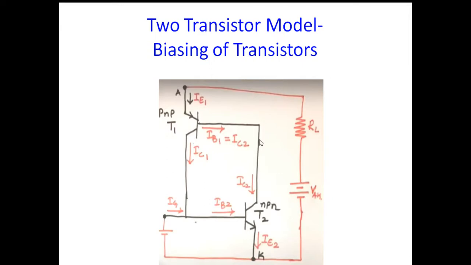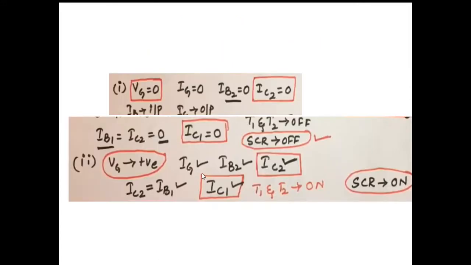That means once the device is in forward bias condition and we are applying a gate voltage, because of this gate voltage, the base terminal of transistor 2 will be activated with IB2 current as IG current flows through the device. With this, the current in the collector terminal of transistor 2 increases, which will further increase the current through transistor 1.